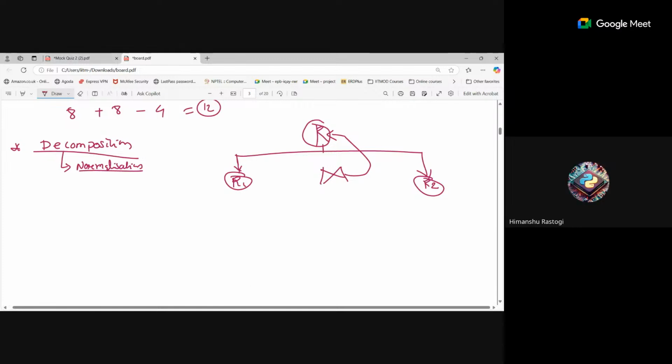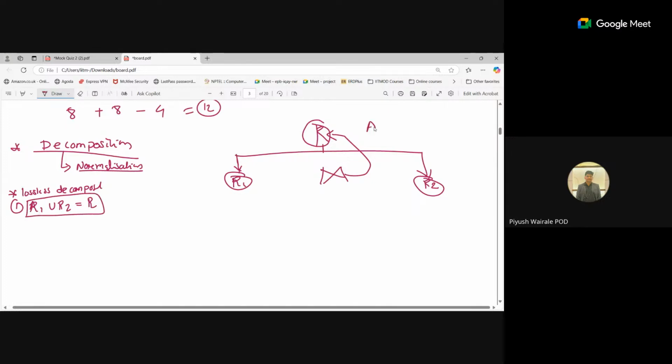Do we have anything for that? 2NF, 3NF? No, no, three rules. So we have a condition for lossless decomposition. The first one is R1 union R2 gives R. So it should cover all the attributes, right?